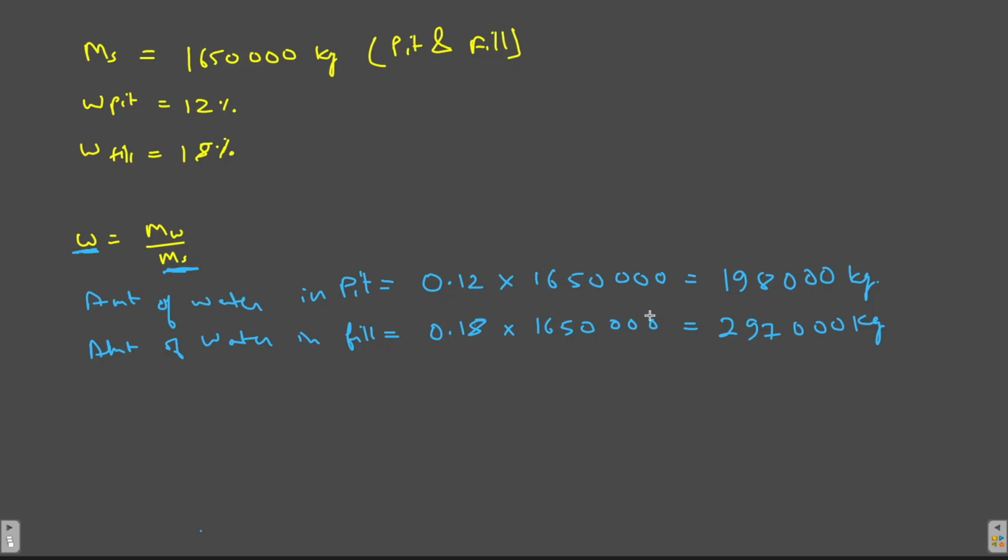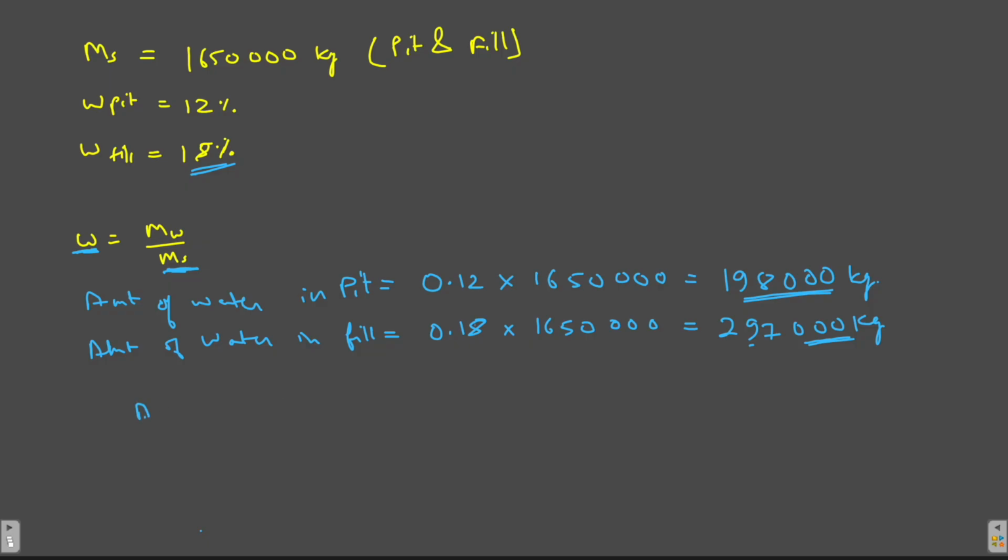So see, 198,000 is the amount of water present in the pit, and the amount of water in the fill needs to be 297,000. This is the water in the fill, so that the water content is 18%. So how much water will you add in order to make the water content of the fill 18%? As simple as that.